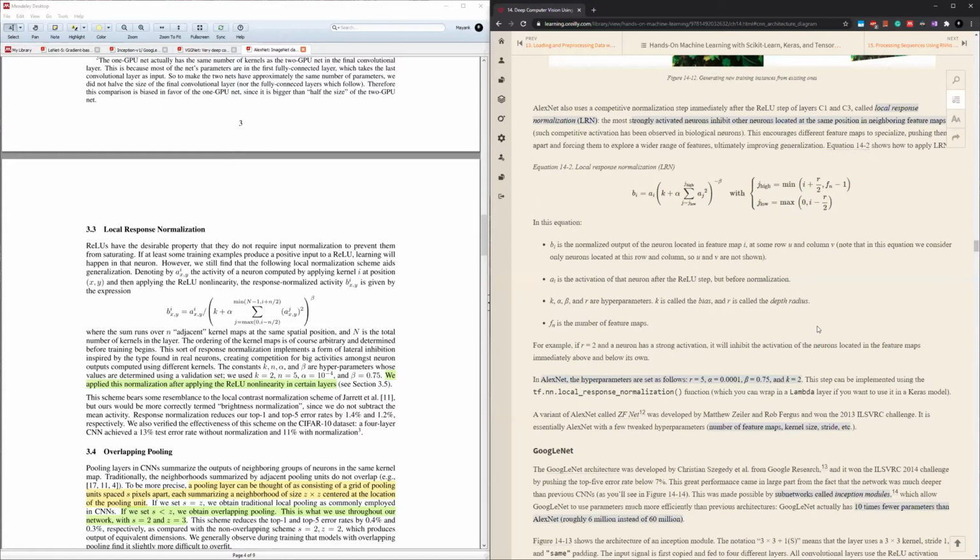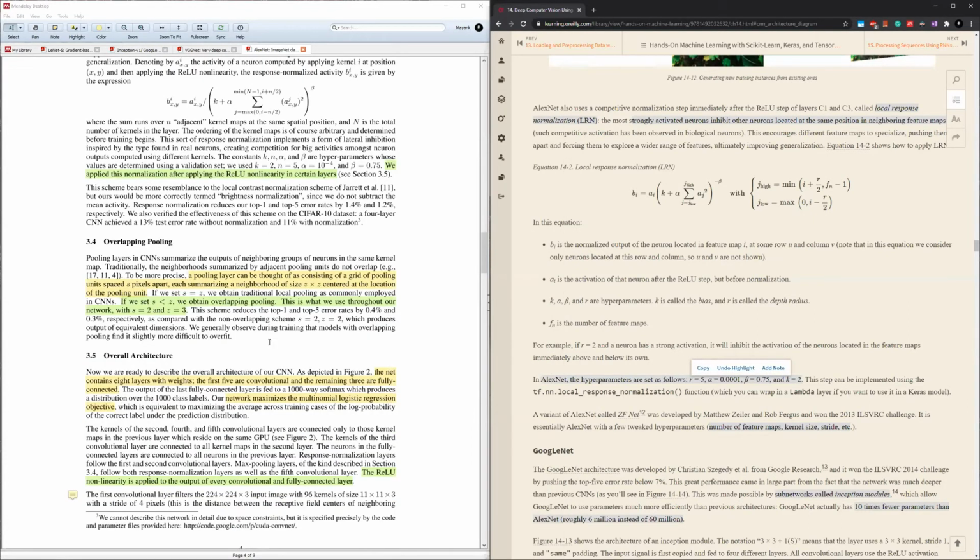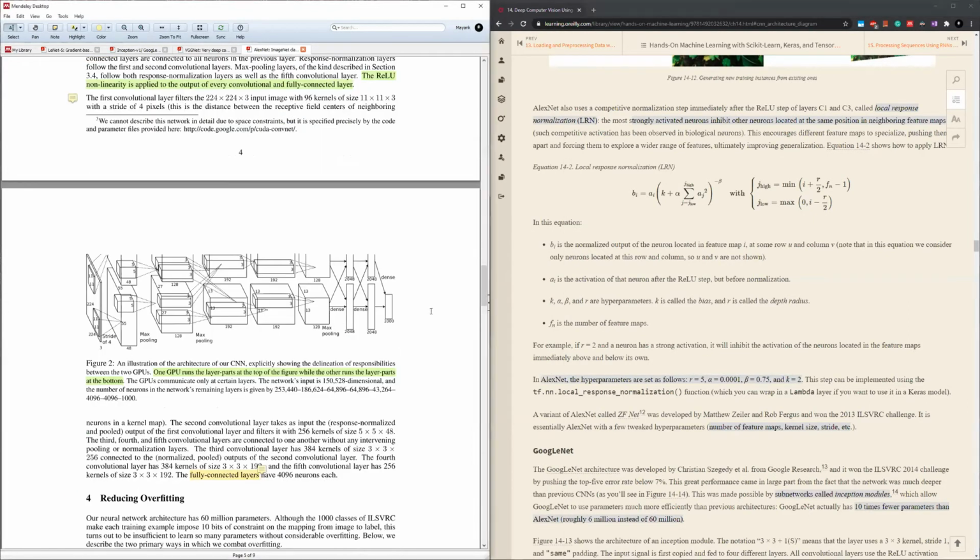That's why I was curious. One of the things about AlexNet is that it was really hinky because they had to split AlexNet across two GPUs. That's why if you ever see the diagram for AlexNet, it's doubled, and it doesn't make sense. It's almost like a doubled network where they have two different parts to it, and I wonder if the local response normalization was necessary to get that working.